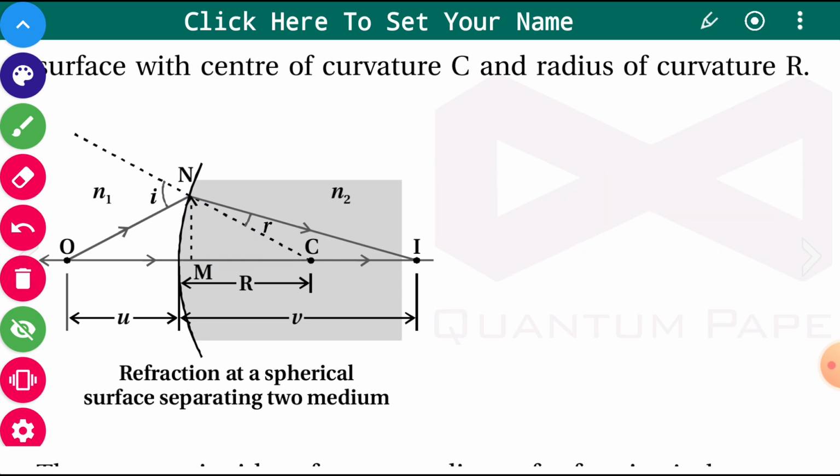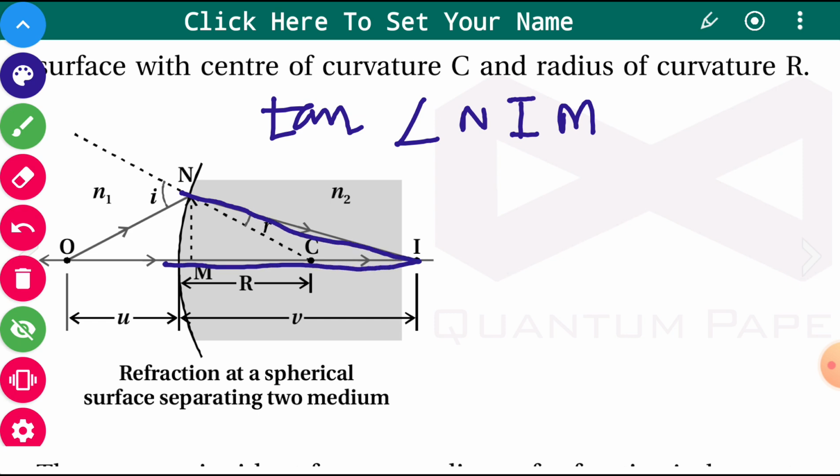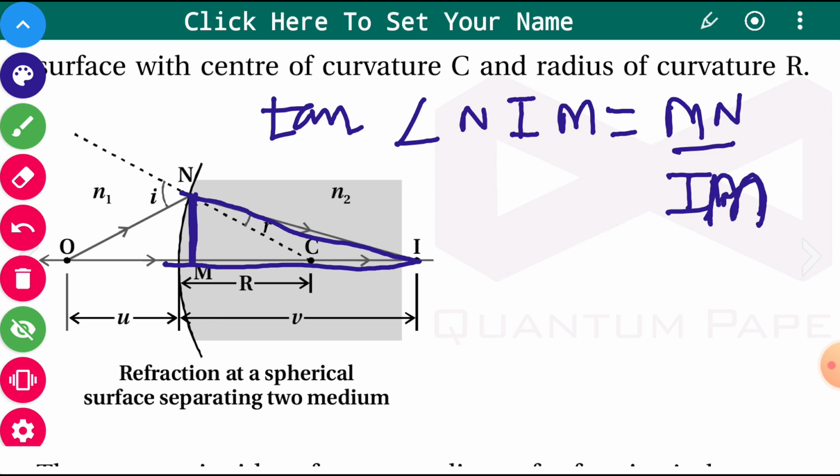Now the next angle I am taking is angle NIM. Now tan NIM, take this particular triangle NIM. Again opposite is MN upon adjacent IM. So this side is the adjacent side and this side is opposite.